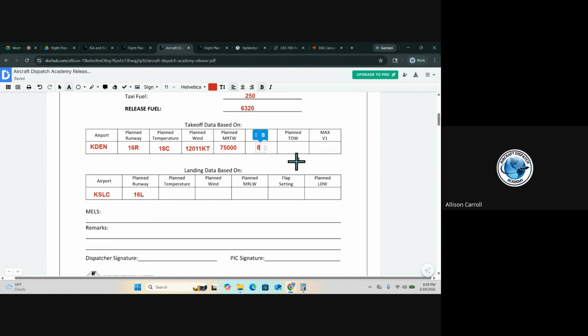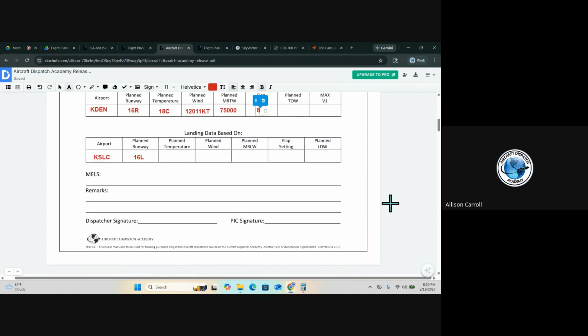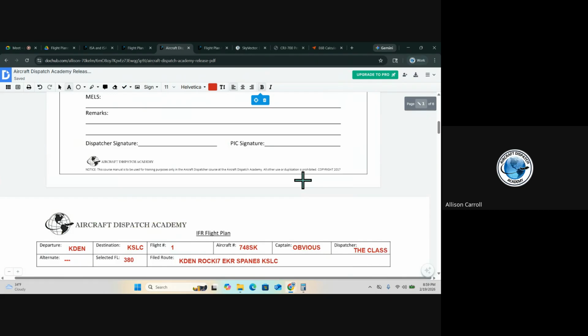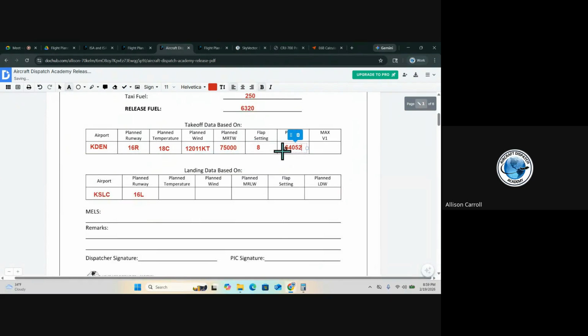Okay, takeoff flap setting is always just going to be 8. All right, now your planned takeoff weight that we just figured out. Our actual planned takeoff weight, 64,052. All right, our max V1, I'm going to hold off on that because we are going to get more V numbers, our V speeds. Okay, I'm going to hold off on that.